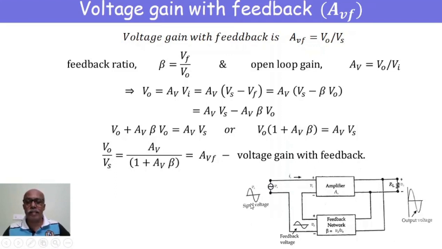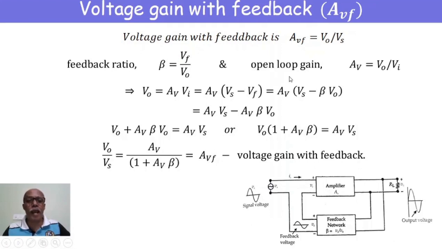Feedback fraction or feedback ratio is beta equals Vf by V naught. It is the ratio of feedback voltage to the output voltage. If a small part of the output voltage is supplied back to input, that is called the feedback voltage.